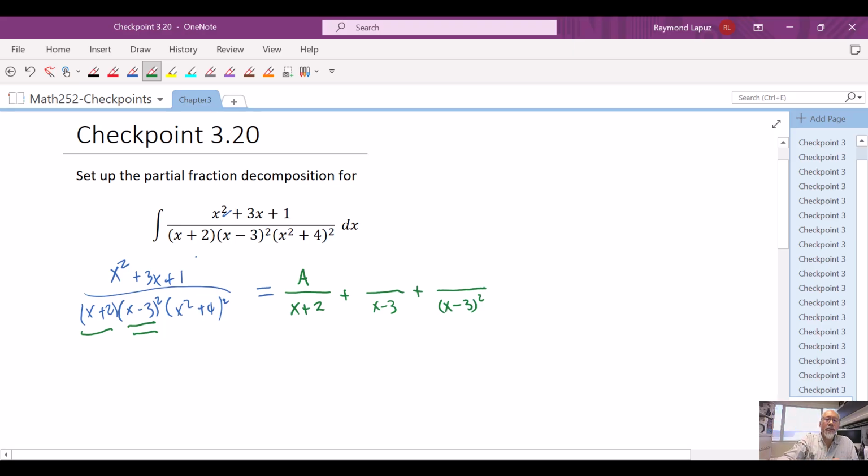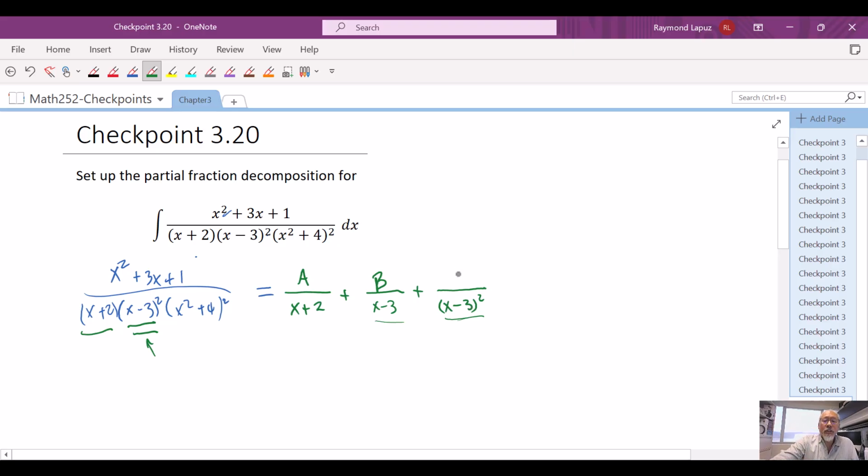All right, and so that's how the decomposition will work. If we combine the right-hand side into one fraction, we want to allow for these two terms to be able to identify that there's an x minus 3 term there. Now, clearly, the term that goes above the x plus 2 is going to be a constant. And we also have to identify that this x minus 3 quantity squared is a linear factor with multiplicity 2.